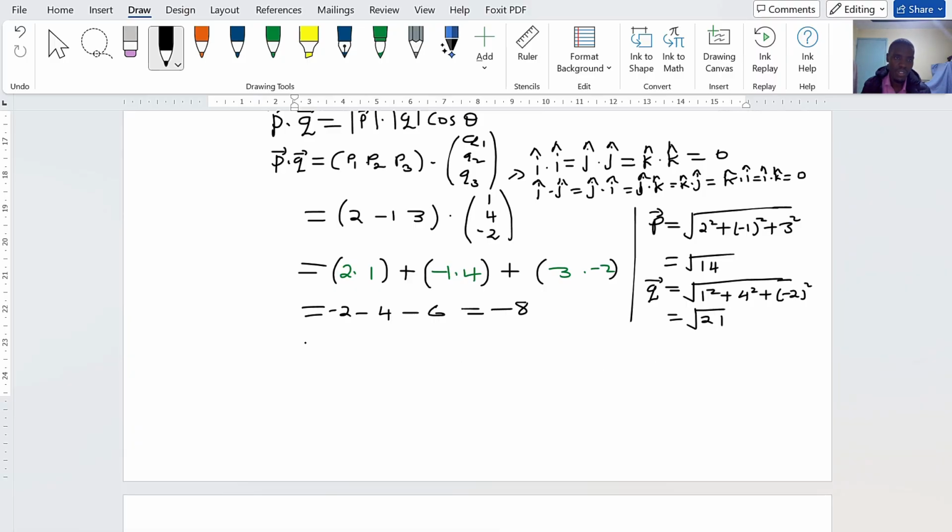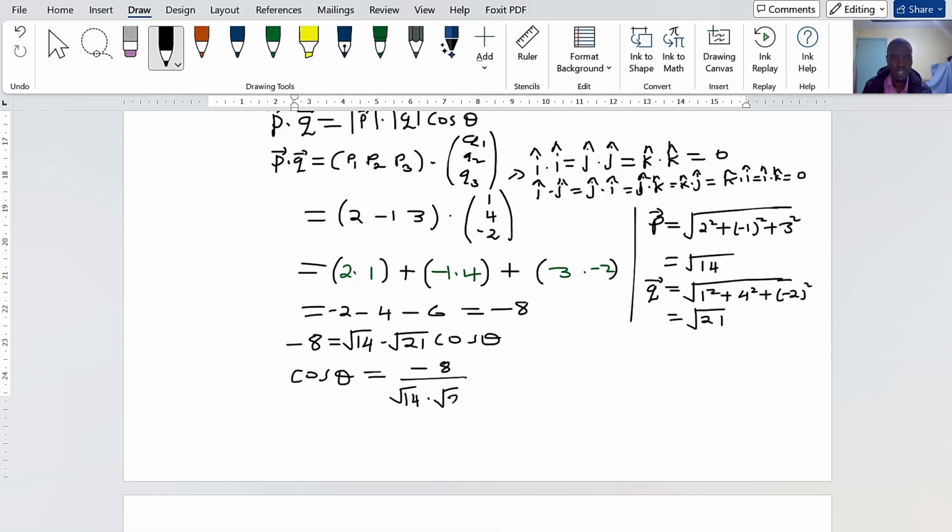Now, the definition of the dot product. So -8 equals the magnitude of P, which is √14, times the magnitude of Q, which is √21, times cos theta. So you can see cos theta is equal to -8 divided by √14 times √21.